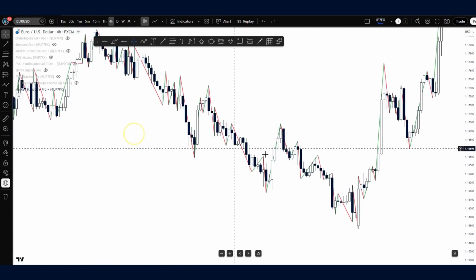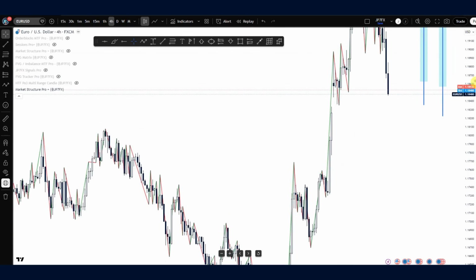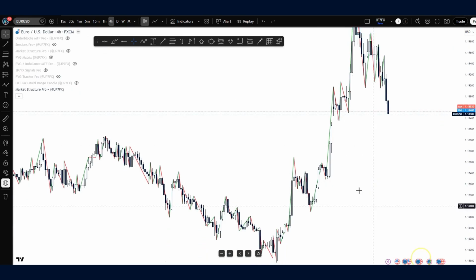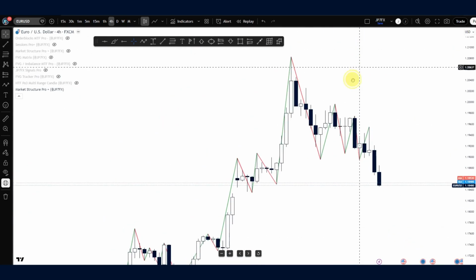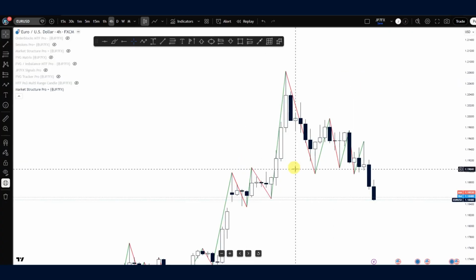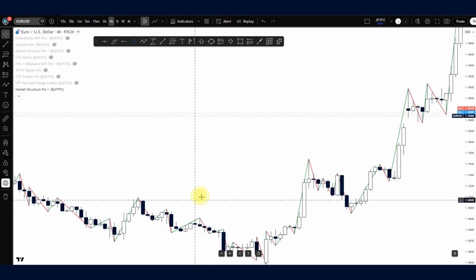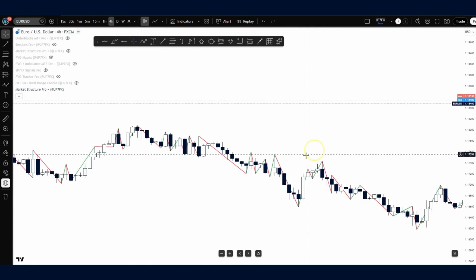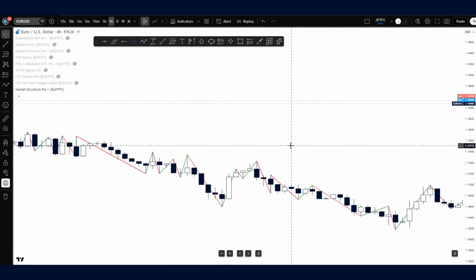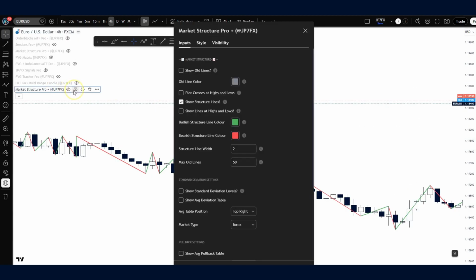The next thing on the structure, the way that this is all drawn and based, is that we have the swing high and the swing lows of these points. What we want to determine on a lot of these is how far price moves past the swing high or moves past a swing low. So what I have actually created here is a standard deviation level.